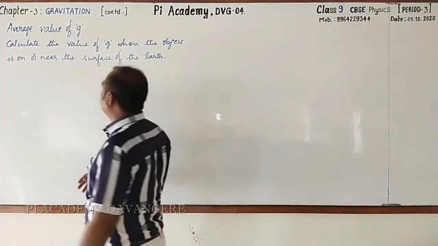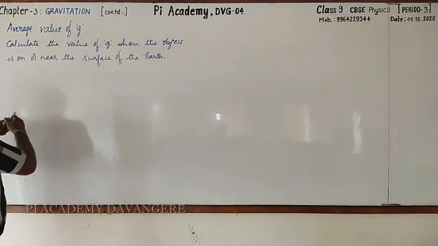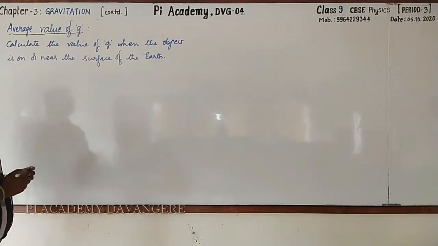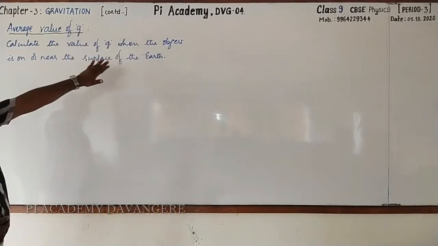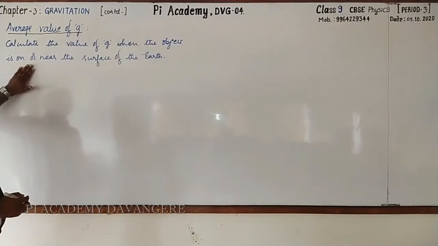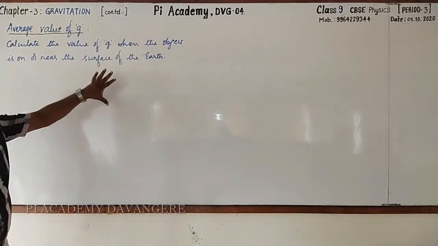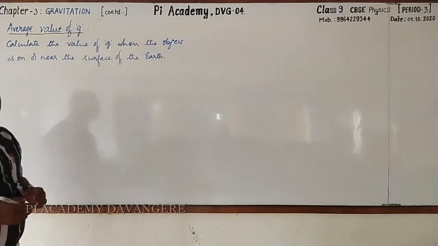Dear students, now let's go for finding the average value of g. See, this was the question given in the examination: calculate the value of g when the object is on or near the surface of the earth. They have not given data, but because this is very familiar to us, we should write it.